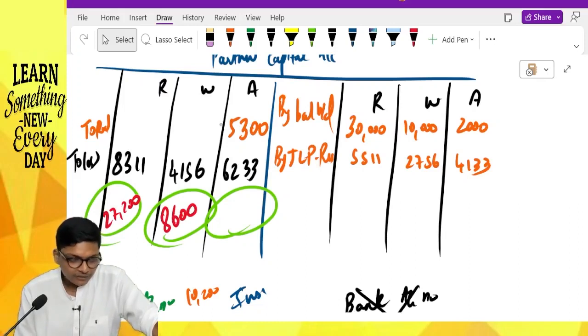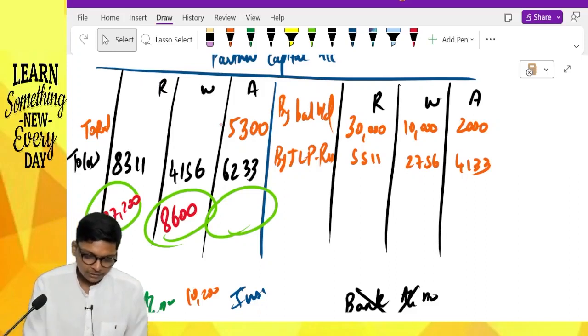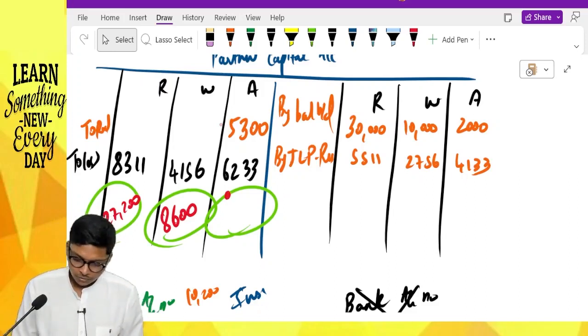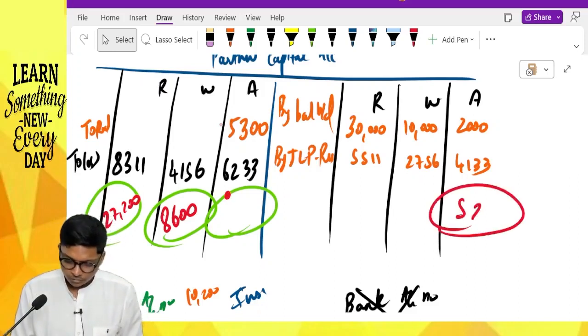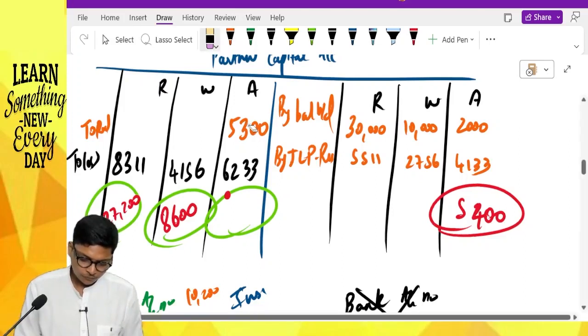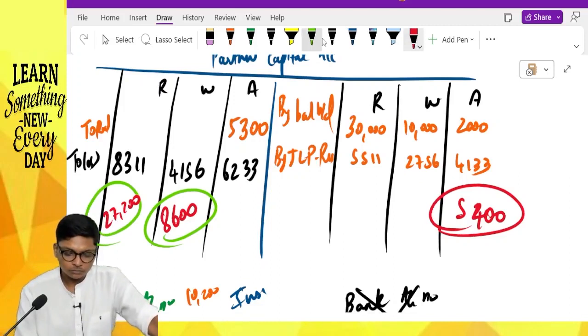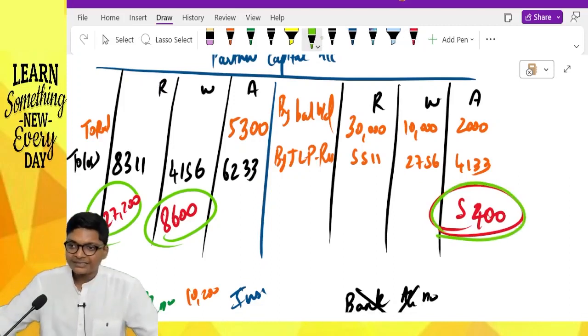What is the value of the closing balance? 5,400. Is this what you all got? Now, what does this represent?